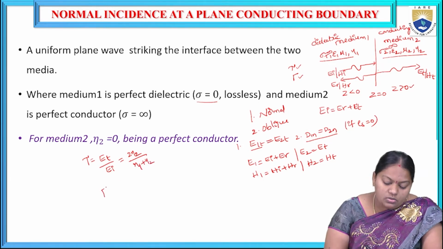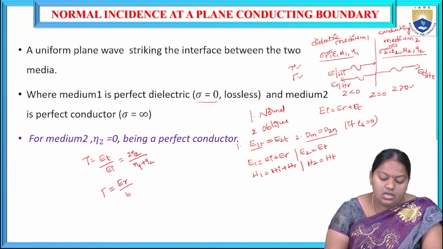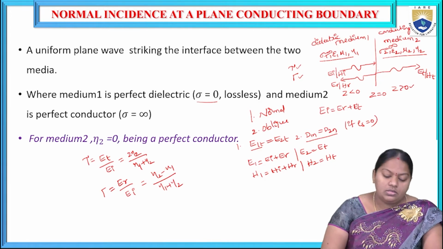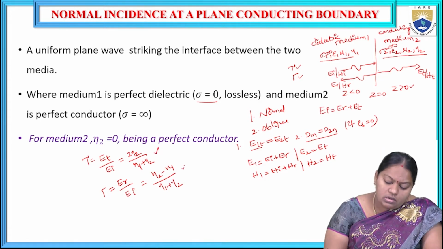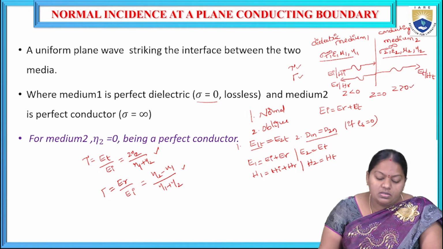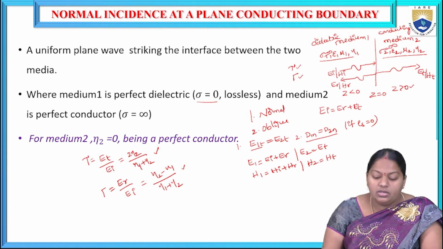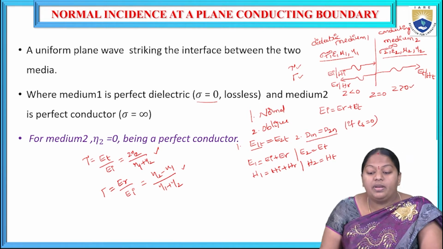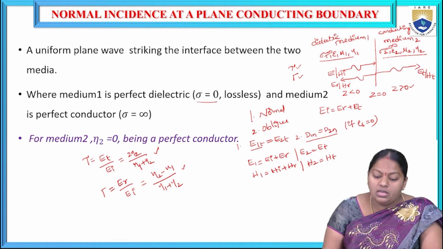Similarly, reflection coefficient gamma is the ratio of reflected wave field strength to the incident wave field strength, and it is given by eta 2 minus eta 1 by eta 1 plus eta 2, right? These two equations we have already derived in the case of normal incidence at a plane dielectric boundary. The procedure, and how we consider the field components, is similar to that of normal incidence at a plane dielectric boundary.